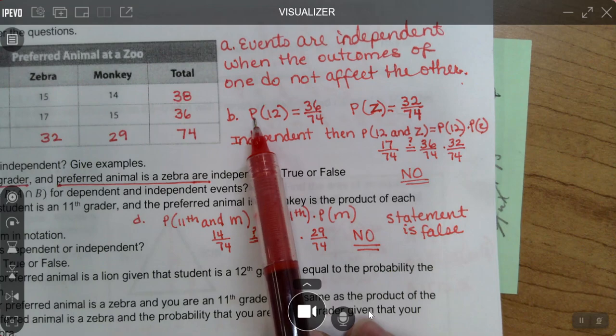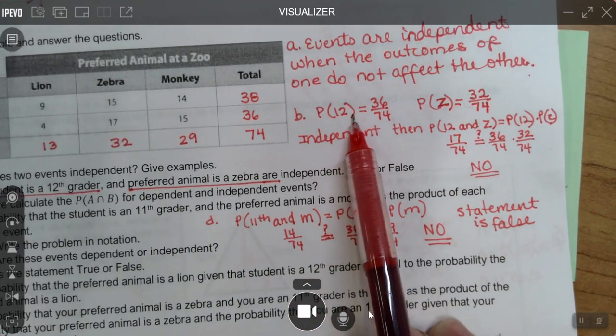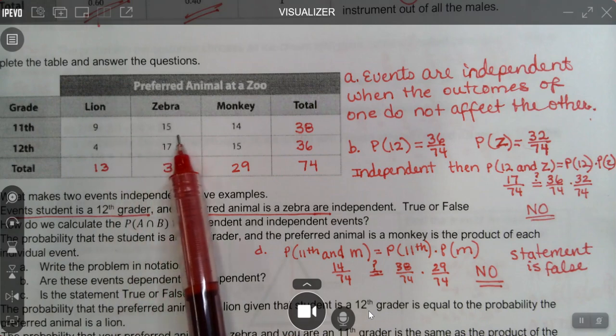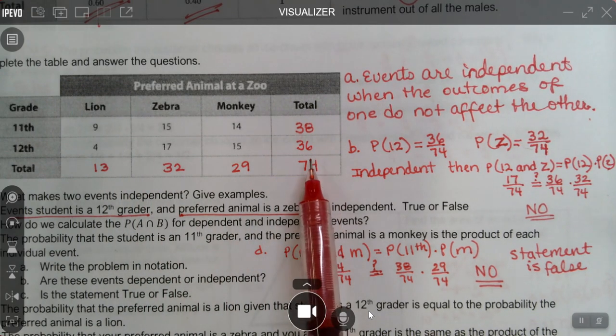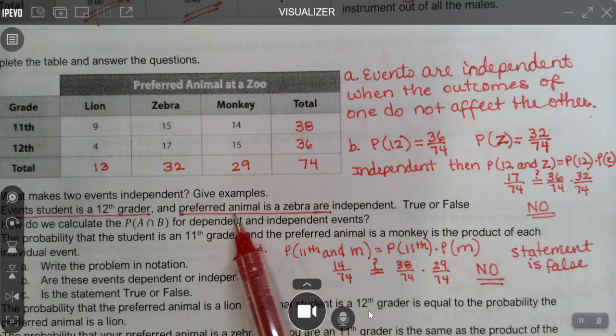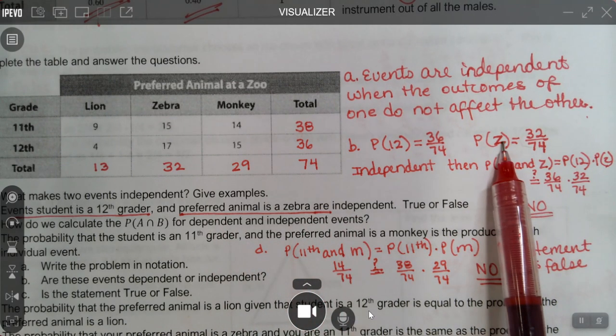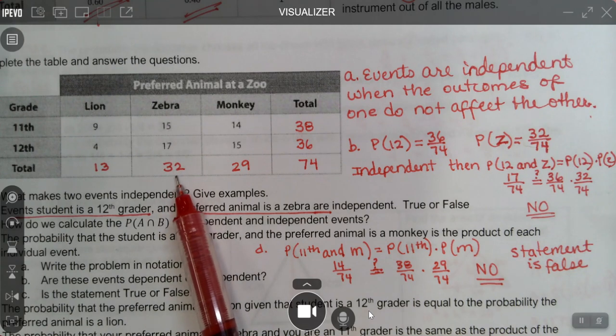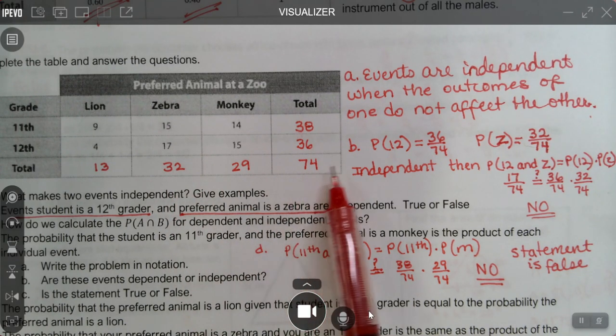The event is that it's a 12th grader. If you're a 12th grader, it'll be 36 12th graders out of 74 students. And the preferred animal is a zebra. So now we're just looking at the zebras. That's 32 out of 74.